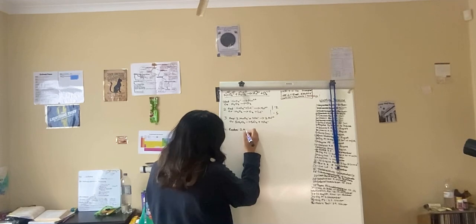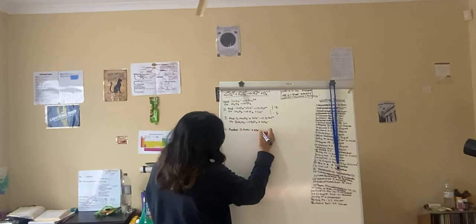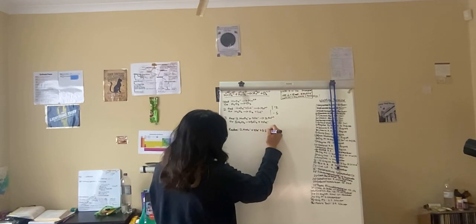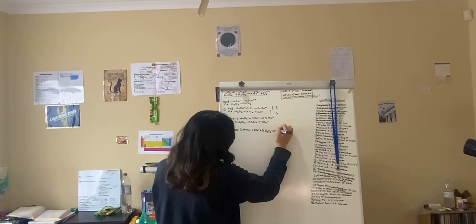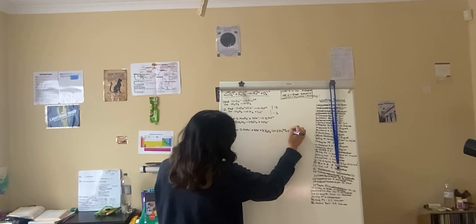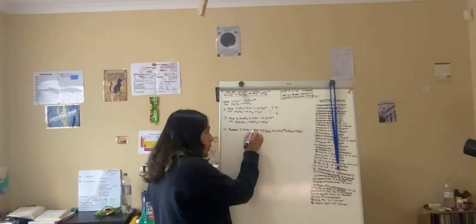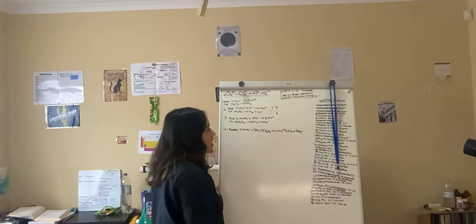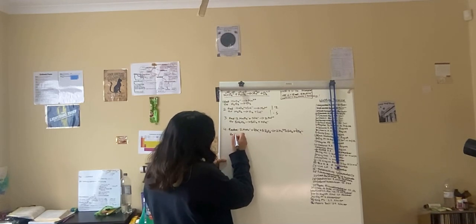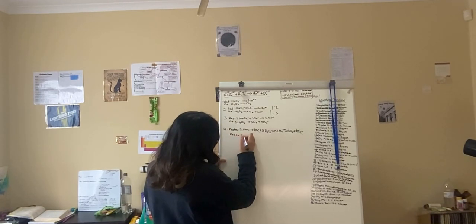So 2 MnO4 minus plus 10E minus plus 5 Wasserstoffperoxid reagierst du 2Mn2 plus 5O2 plus 10e minus. And now, my dear friends, we can stretch that. Lovely. And we can move on with our lives.